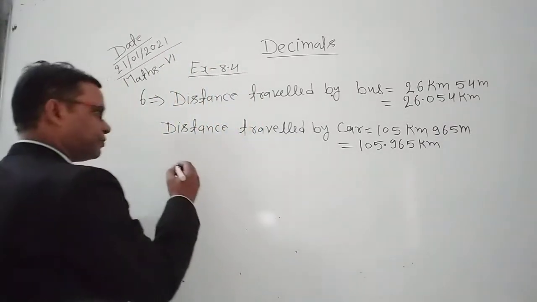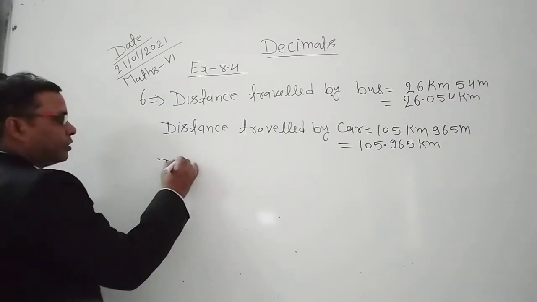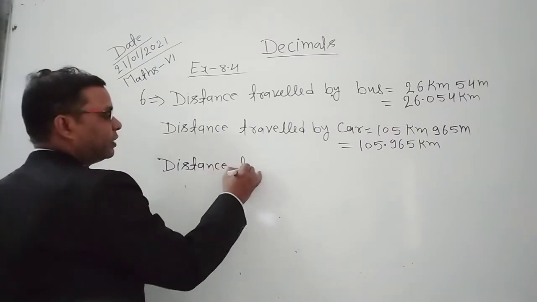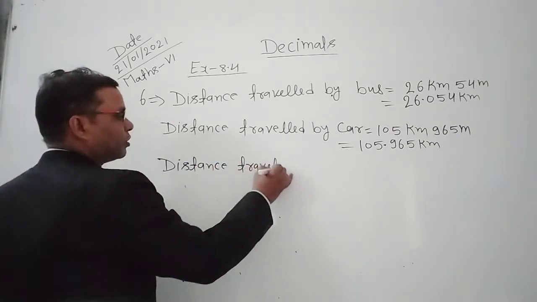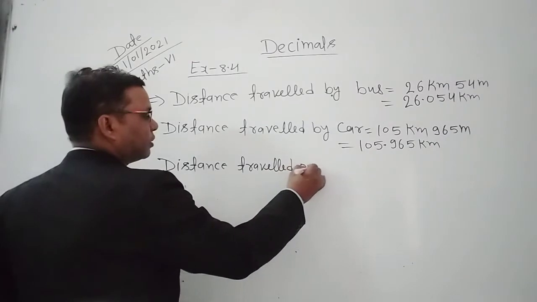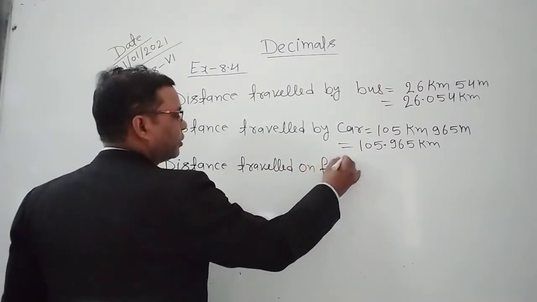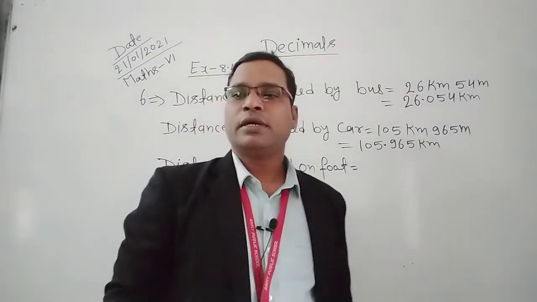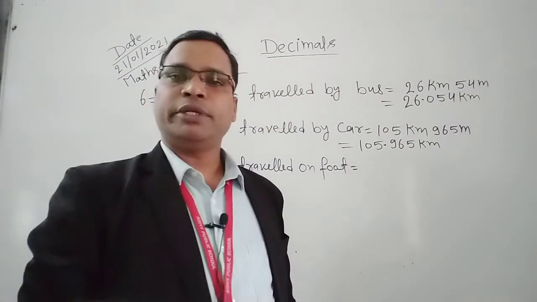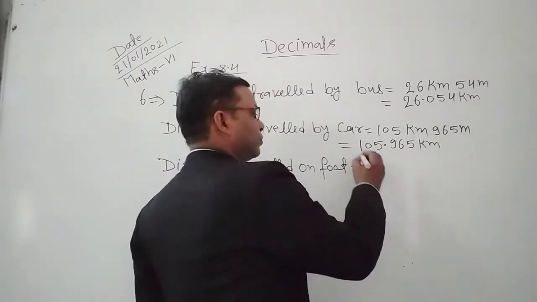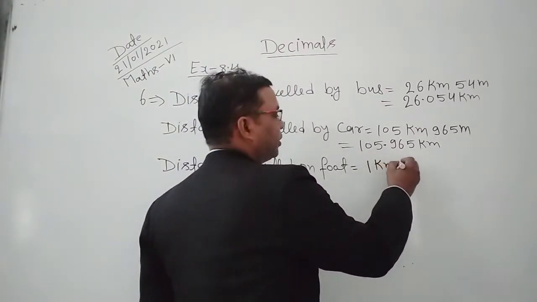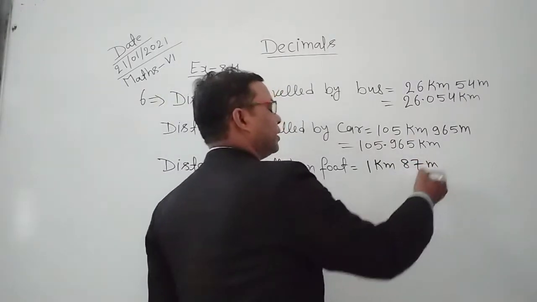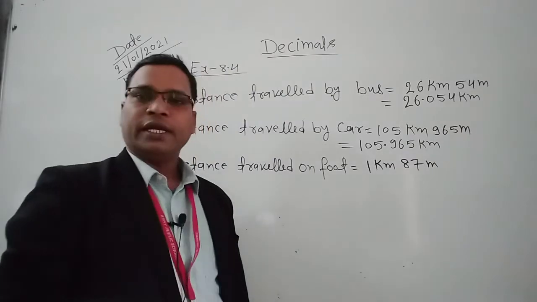Distance traveled on foot. This is equal to 1 kilometer 87 meter. Okay, so 1 kilometer 87 meters. Now again we change this 87 meter into kilometer.